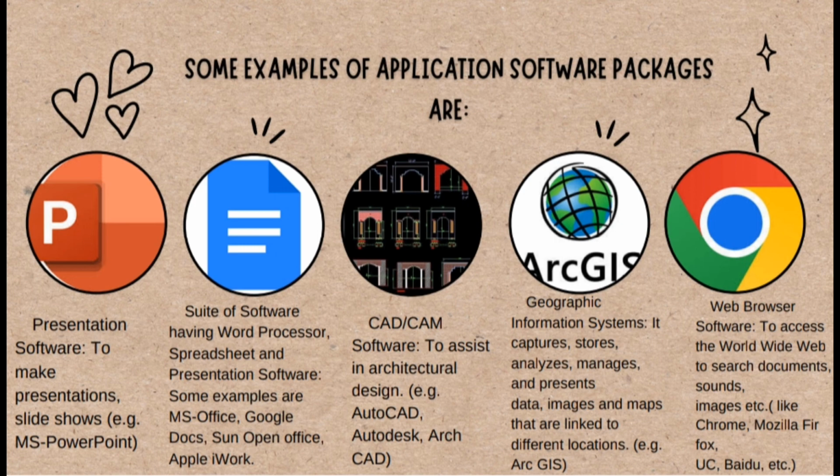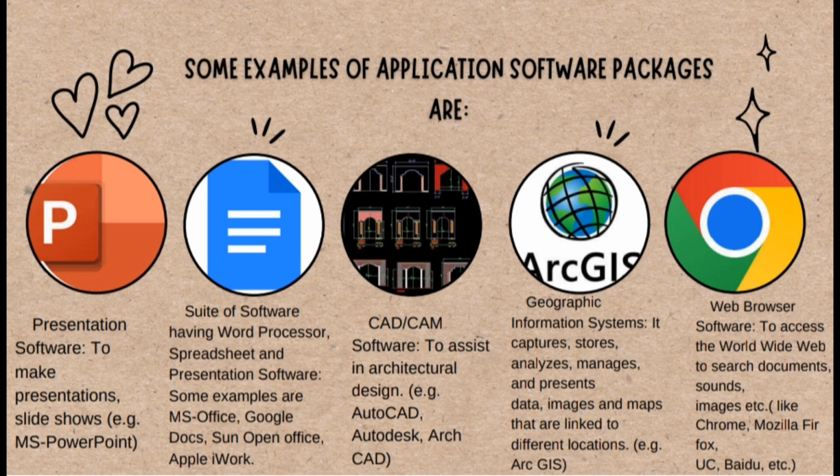Some examples of software having word processor, spreadsheet, and presentation software are MS Office, Google Docs, Sun OpenOffice, and Apple iWork. CAD or CAM software helps to assist in architectural design.